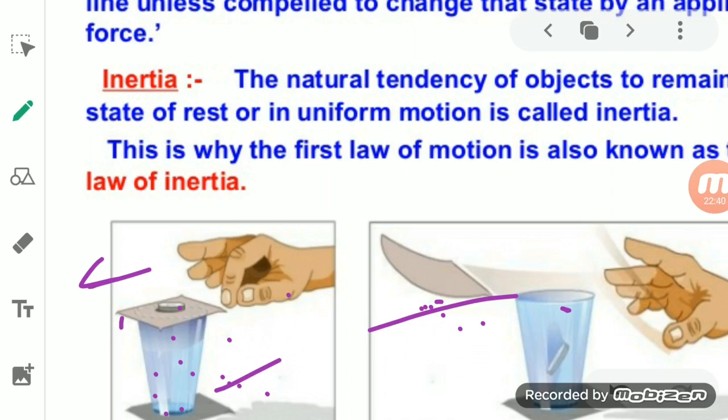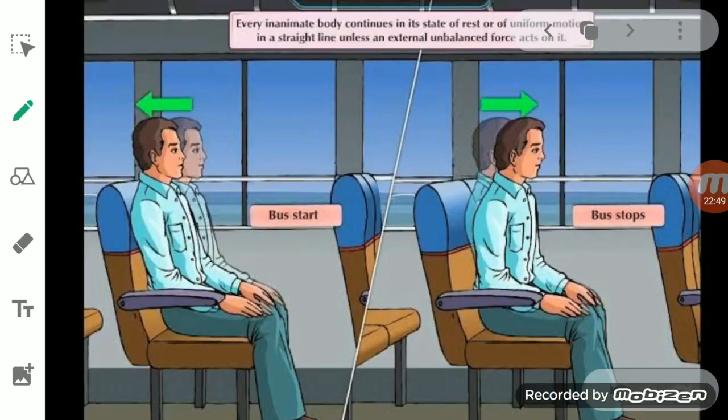Now if we see the other one, that is inertia of motion. Now we will consider the second part of the first law of motion, which says that a body in uniform motion will continue to move unless a force is applied to change its state of uniform motion in a straight line.